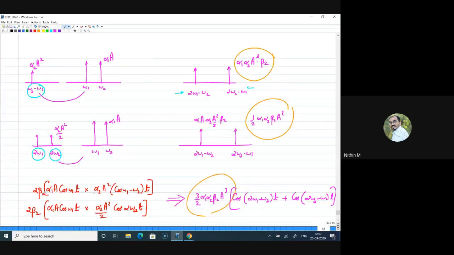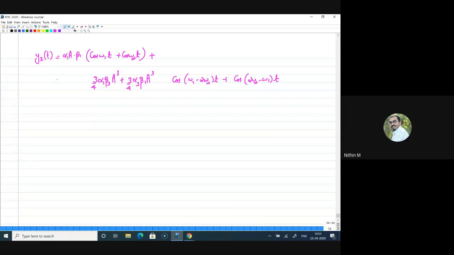And now the third term is the sum of these two. It is 3 by 2 alpha 1 alpha 2 beta 2 into a cube. These are the amplitudes I need to add.